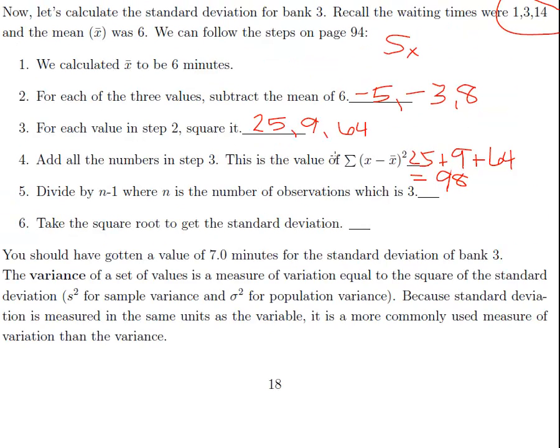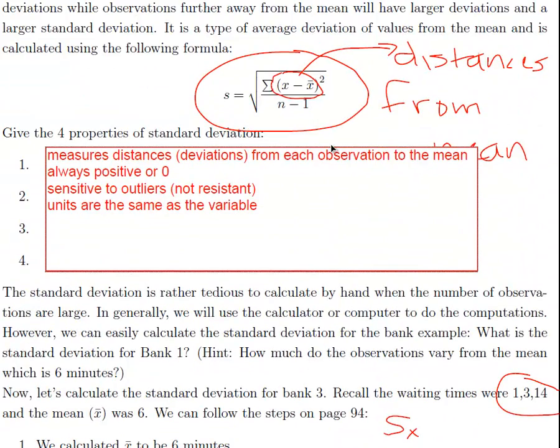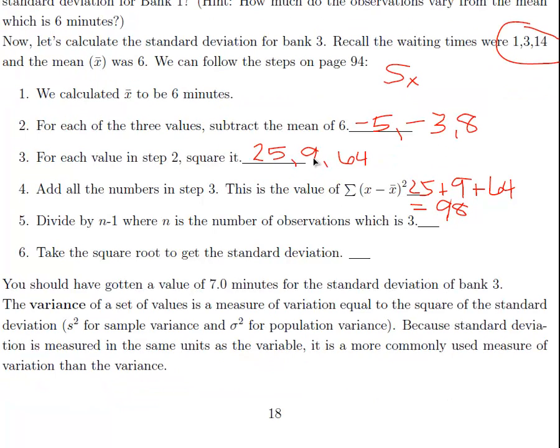Let me show you where we're at on the formula. Now we're at the numerator. I've done this whole thing right here. Now I have to divide by n minus 1. So I take 98 and divide by 2, and that's equal to 49.